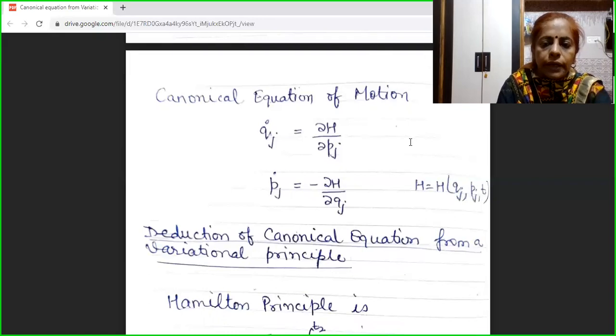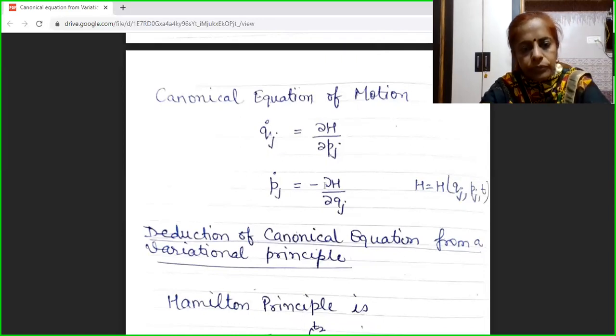Depending on the number of generalized coordinates, suppose there are n generalized coordinates, then there will be n such equations, and similarly there will be n such equations. So there will be 2n canonical equations of motion. These canonical equations of motion are of first order.